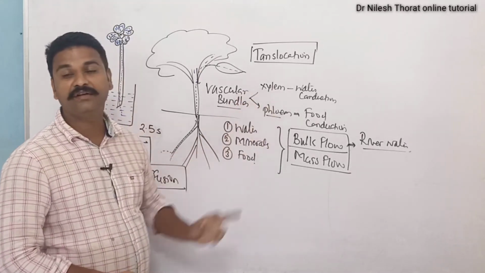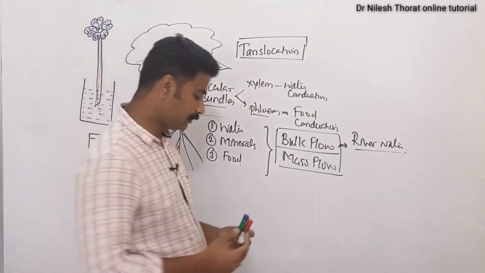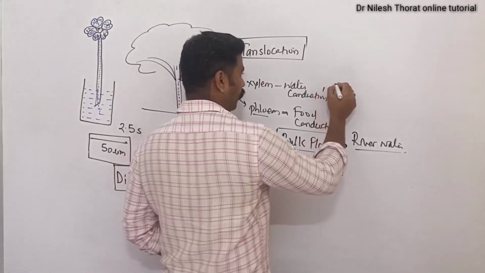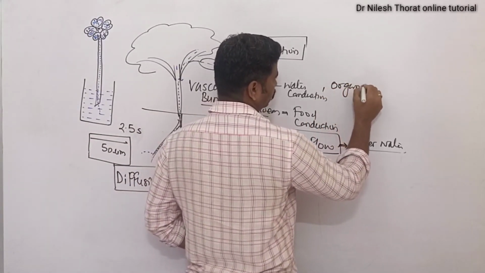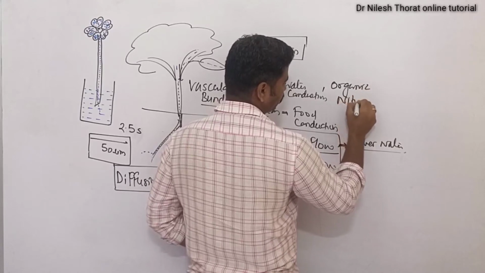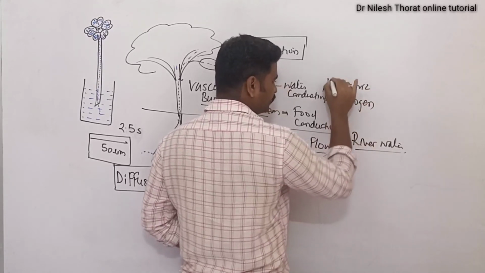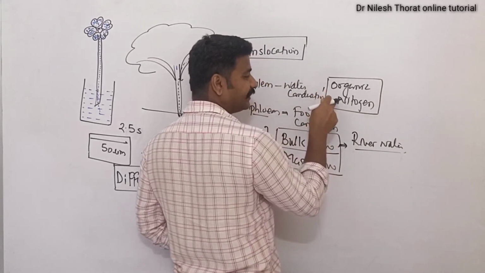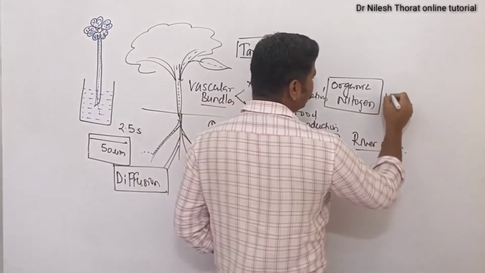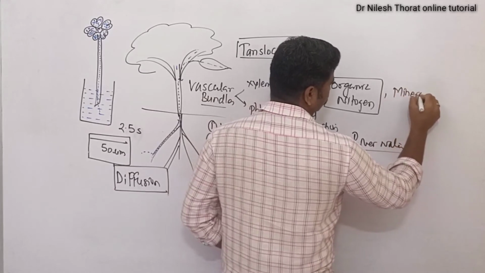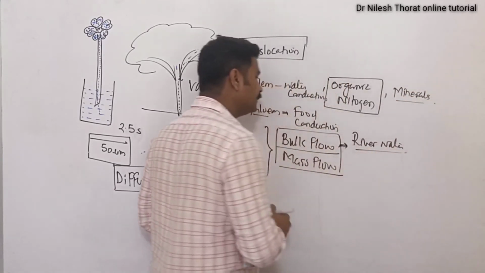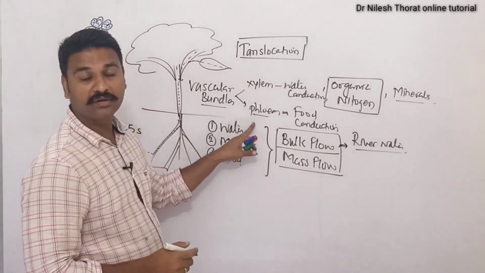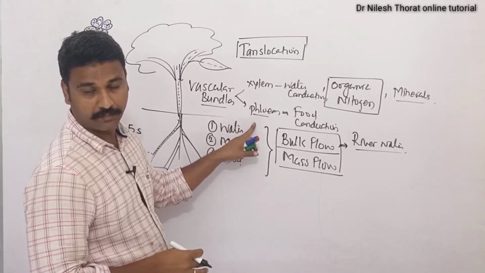The xylem will transport all the water, organic nitrogen and minerals. Do remember this MCQ: the xylem helps in transport of organic nitrogen and minerals, while the phloem is able to transport food material.